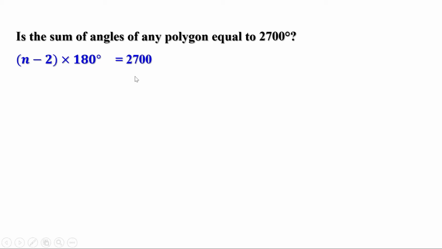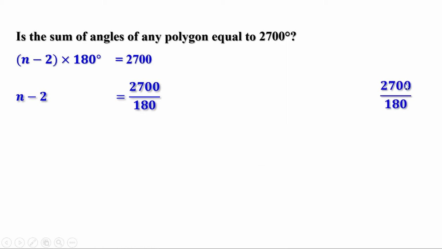Now we got an equation. Let us solve this equation to find the value of n. (n minus 2) into 180 equals 2700. Let us take 180 to the other side. Then we can write n minus 2 equals 2700 divided by 180.